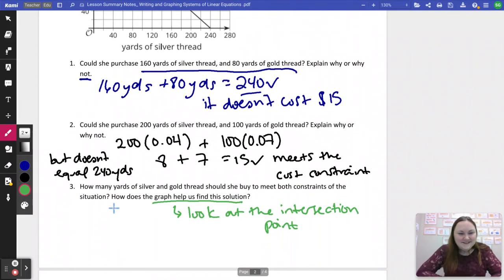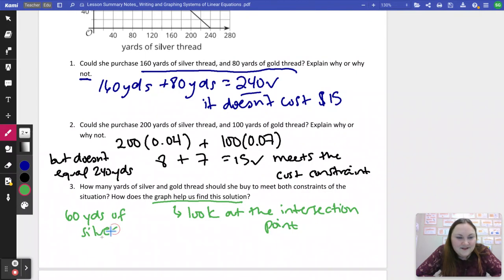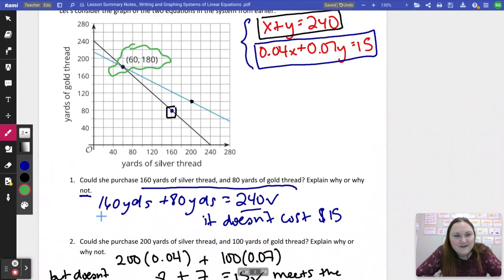So for this answer, how many yards of silver and gold thread should she buy? She needs to buy 60 yards of silver and 180 yards of gold. I'm getting those two numbers from our graph right here. 60 yards of silver and 180 yards of gold thread.